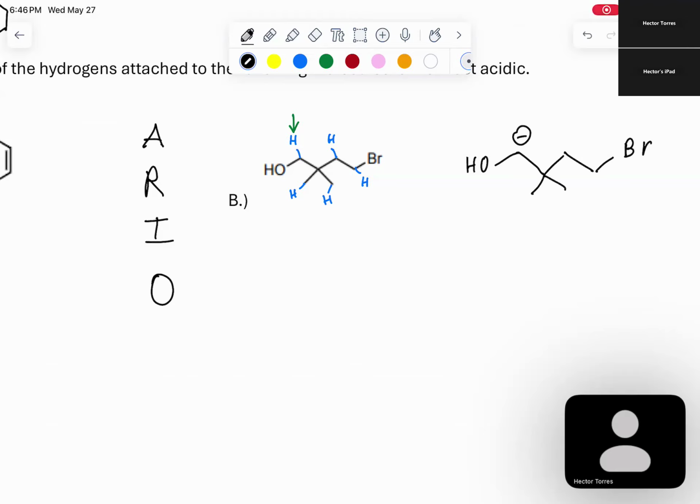So we'll put that as option 1. I'll put this one as option 2. So I'll draw the same thing, but I'll draw the conjugate base for when my base took away that hydrogen. Option 3.